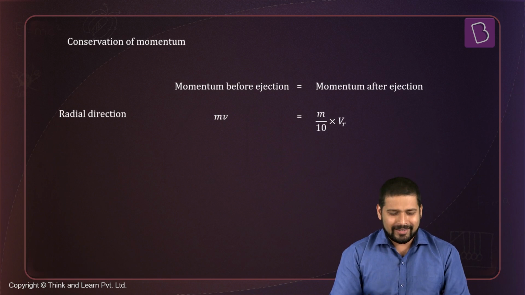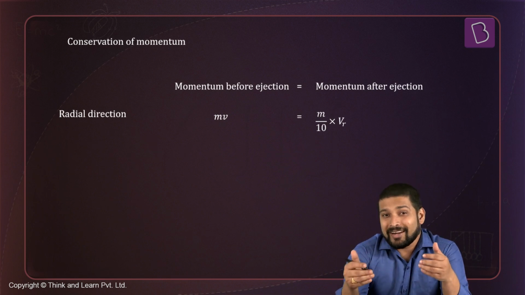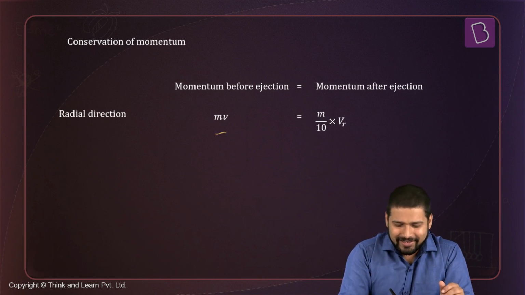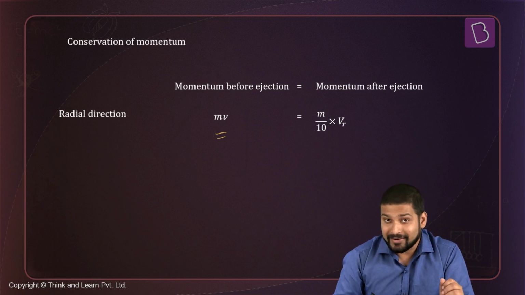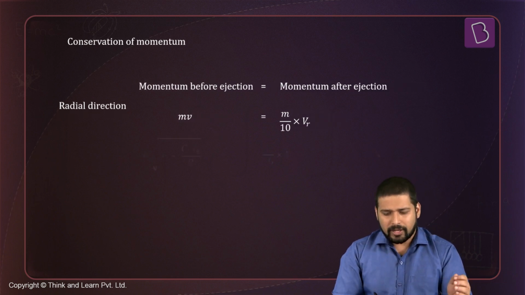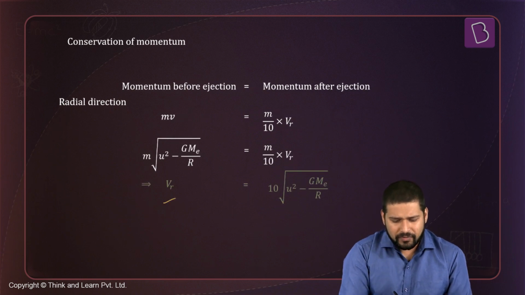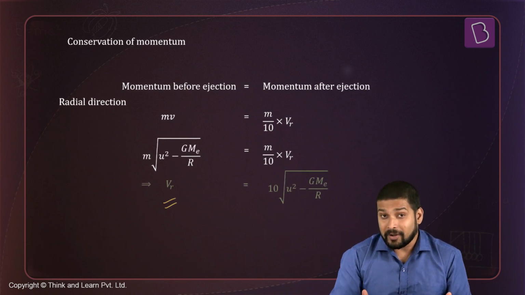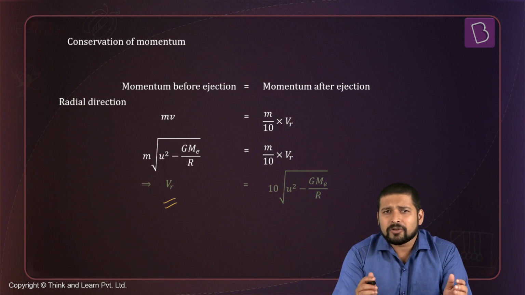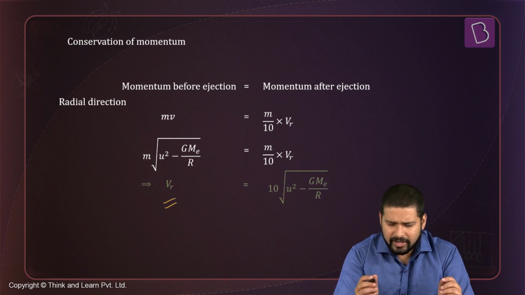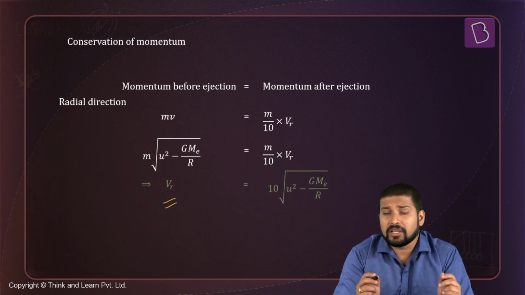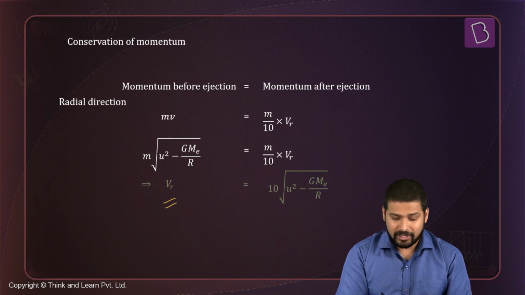Let's first do it in the radial direction. Initially it is mv, and finally it is m/10 times v_r. The value of v we have already found, so once you plug it in, you get v_r equals 10 times root over u squared minus G M_e upon r. This is the expression that you get.